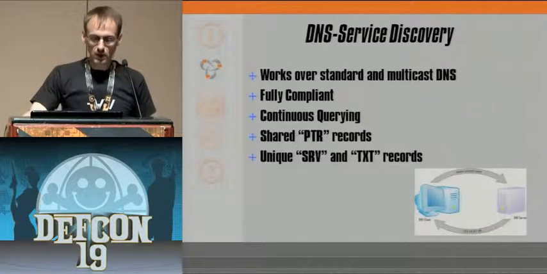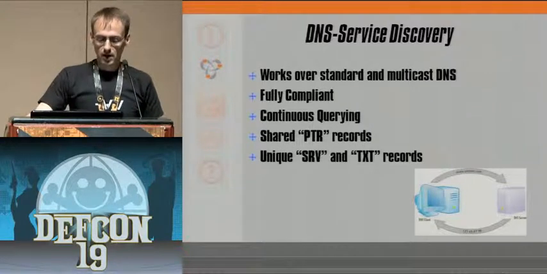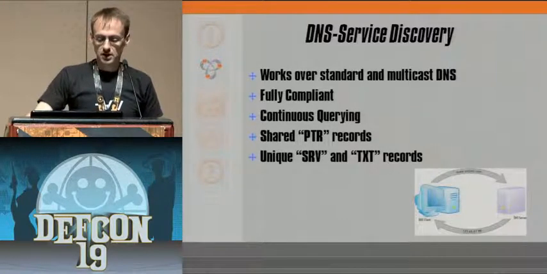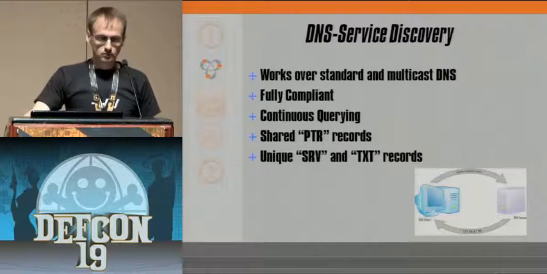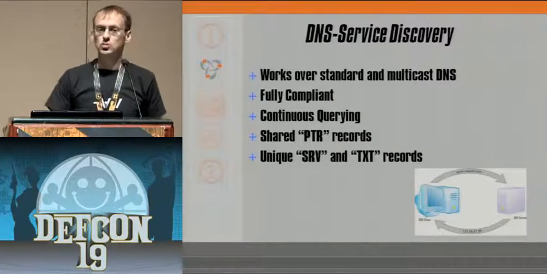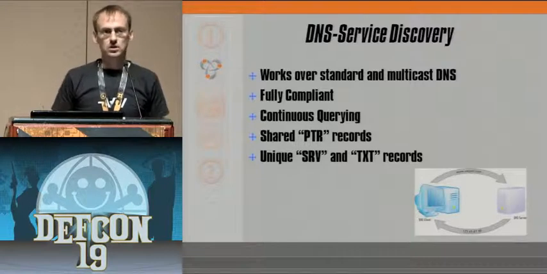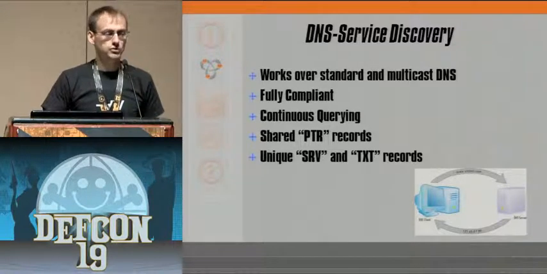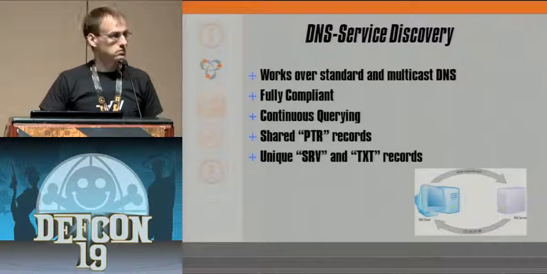Now, it's important to keep in mind when you're dealing with multicast DNS of shared records, because shared records in DNS service discovery work like this. Let's say you have a community of hosts participating in multicast DNS and also DNS service discovery, and of those, let's say you have 5 that offer FTP services. Those 5 will actually share the pointer record for the FTP service.